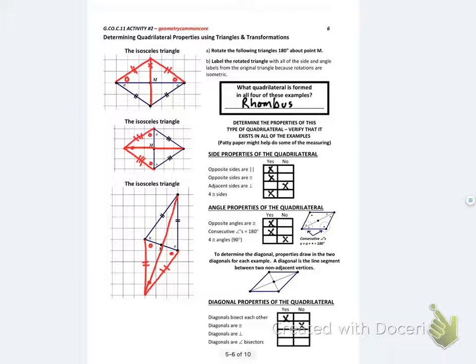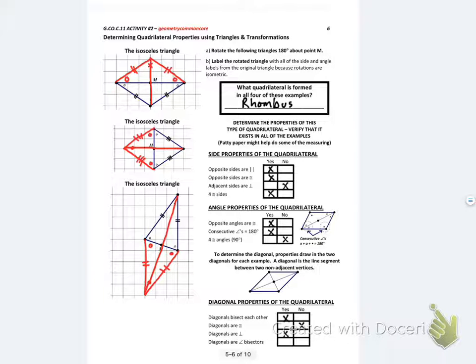But are the diagonals perpendicular to each other? It's easiest to see that in the top two, where you've got a diagonal that's perfectly vertical and a diagonal that's perfectly horizontal. If we continue that thought with the other two rhombi up here, then yes, we can see that they are perpendicular.